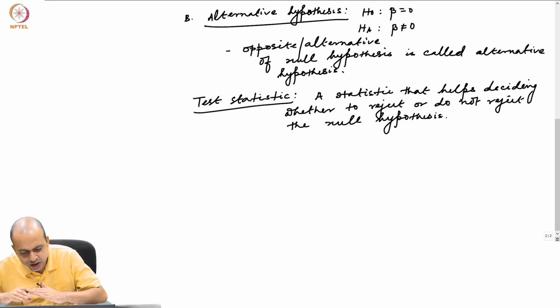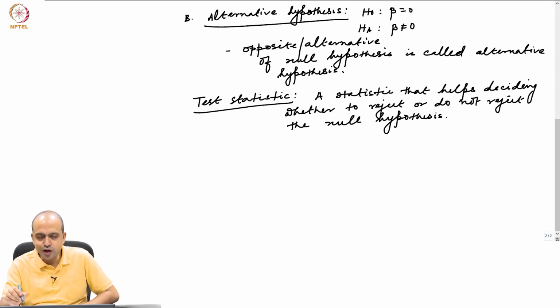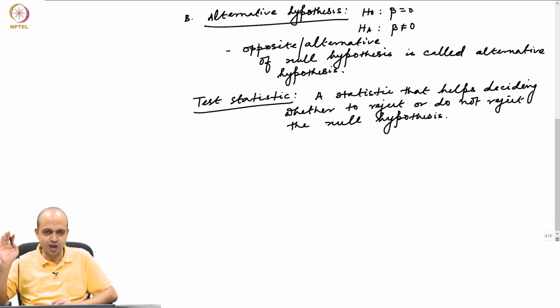Now, why are we rejecting or not rejecting the null? Because when I say H naught, beta equals 0, if you reject the null hypothesis, then only can you establish your claim, isn't it? So our objective in hypothesis testing is either to reject or not reject the null hypothesis. If we can reject the null hypothesis, then we can establish our claim.